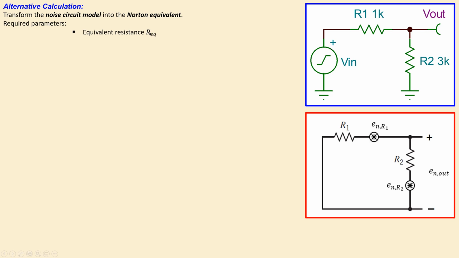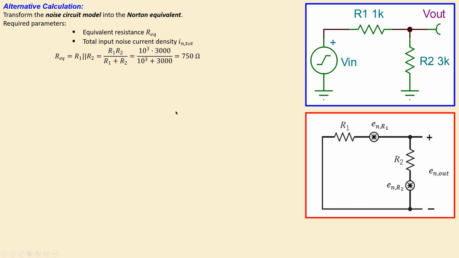I will just call that R equivalent. And I will also need the total input noise current density, which is then given by IN total. Since this will also have its own noise current density, and this will also have its own noise current density, then I will have then again the square root formula to determine the total noise current density.